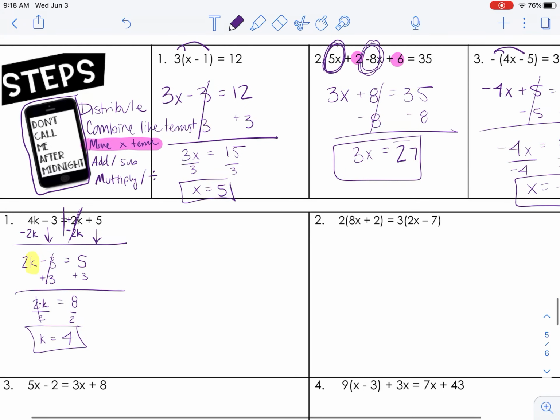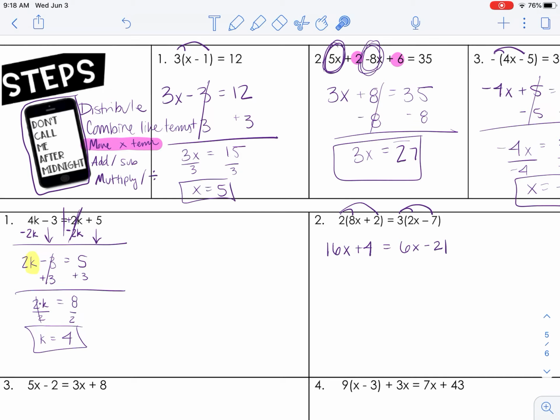Okay, another example of that with some extra steps in there. So number 2, we're going to have to distribute first on both sides. So I'm going to get 16x plus 4 equals 6x minus 21. Then we're going to take our second step and see if we can combine like terms. Well, we have some x terms and some constants, but they're on different sides of the equals.